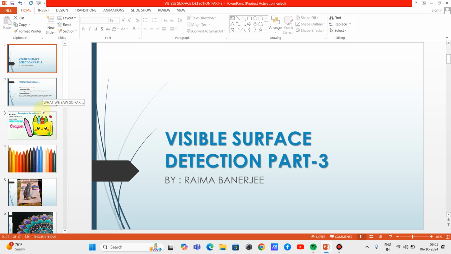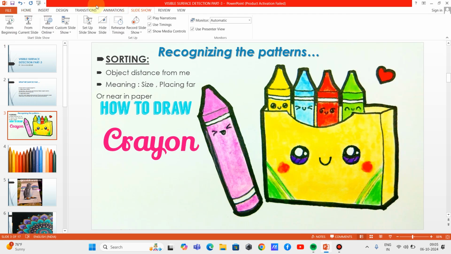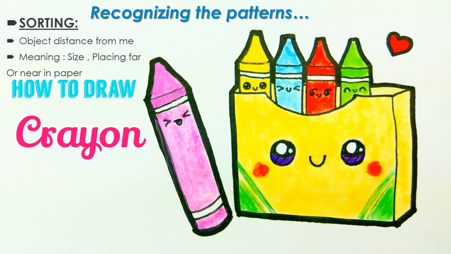Basically, recognizing the patterns means that there are some special properties of images which can tell us which objects in your image are far and which are near. To capture those essences, there are some relations between the image objects so that we can understand how they are placed on the paper.